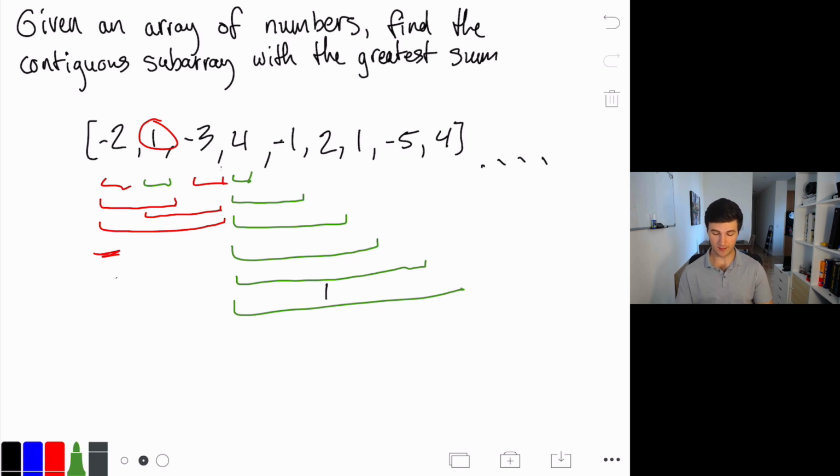And so when we look at this, if we wanted to actually figure out what the sum was, we can basically compute the sums here, right? We have 4, we had 3, we had 5, we had 6, we had 1, and then we had 5, right?